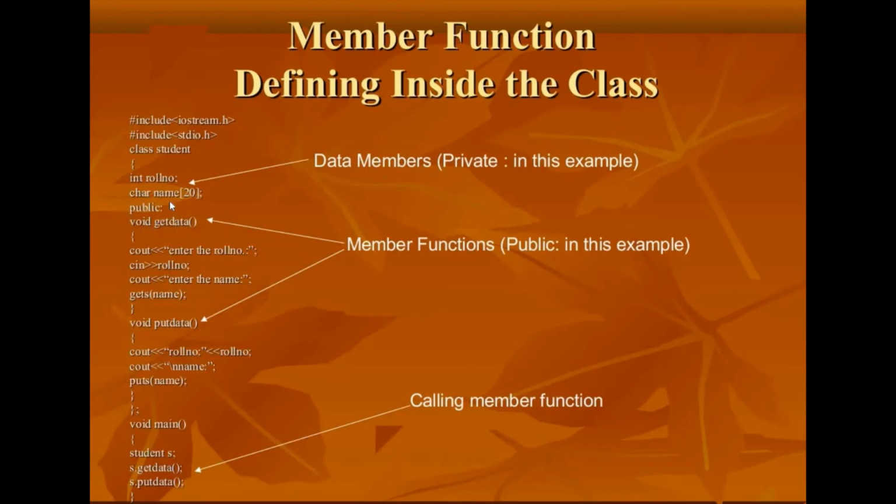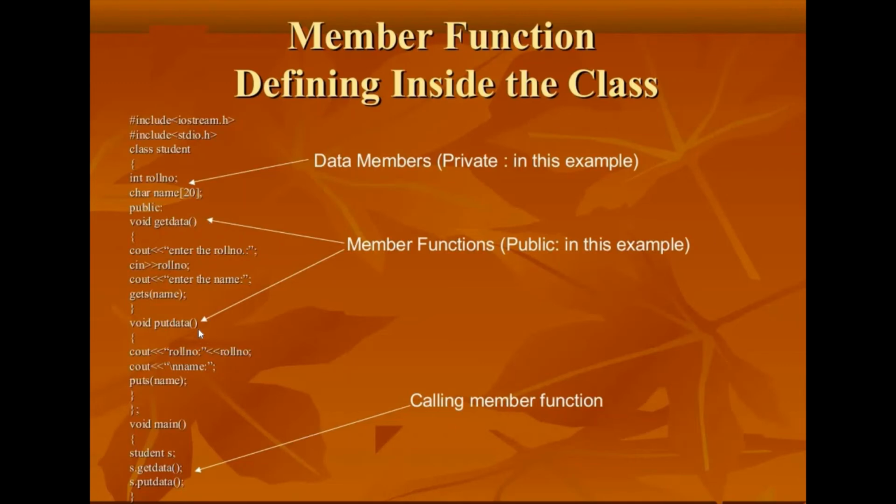Within this class only we are defining the member function. So void getdata: this is the input, enter the roll number, enter the name. Another member function which is used for display point of view, so that void putdata will display the roll number and will display the name of the student, right?